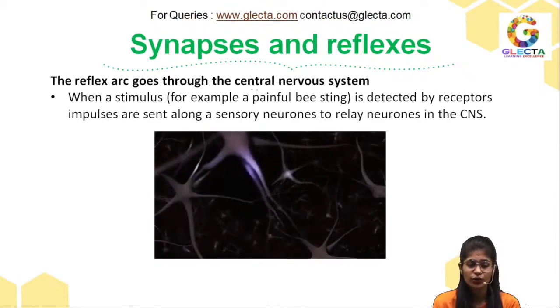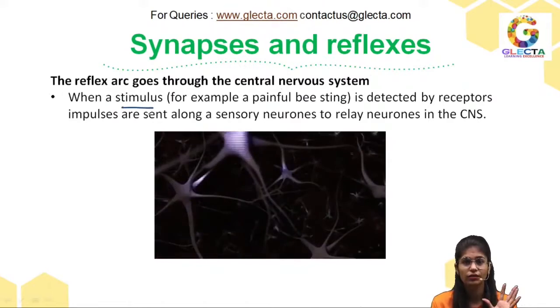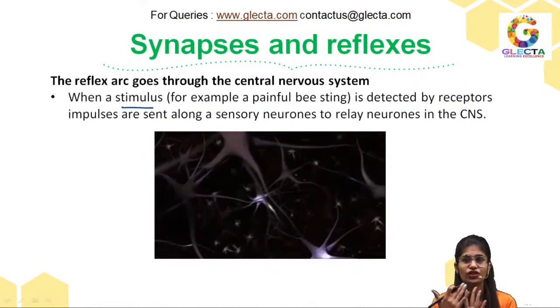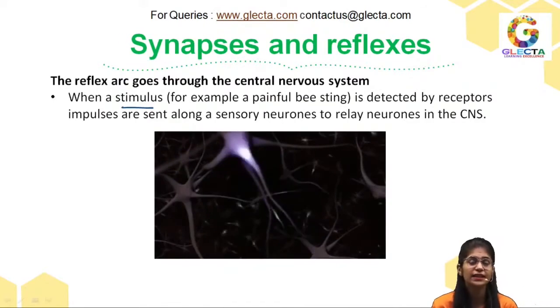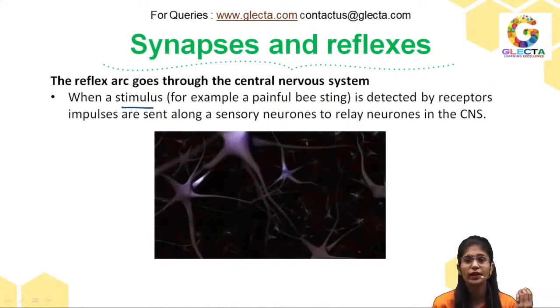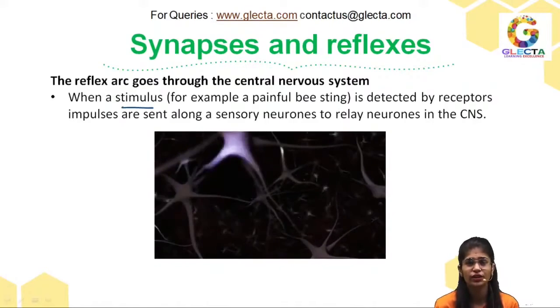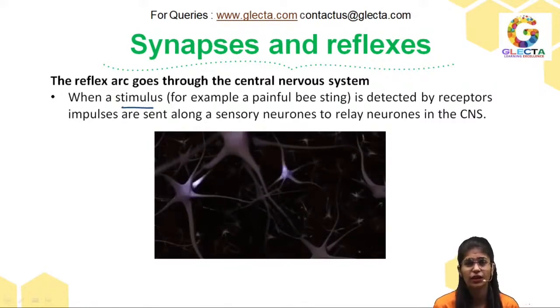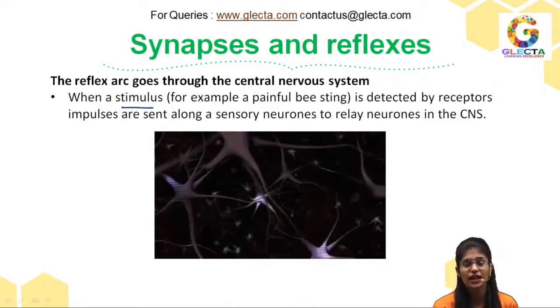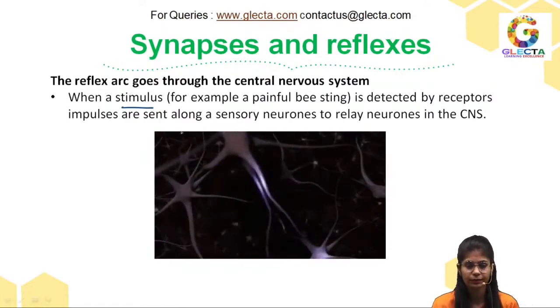The reflex arc goes through the central nervous system. When a stimulus changes in your environment, whether it be heat, a bee sting, somebody hitting you, a needle, or you hitting yourself with the furniture, which is something that happens every day with a lot of people, your reflex is still going to be there.